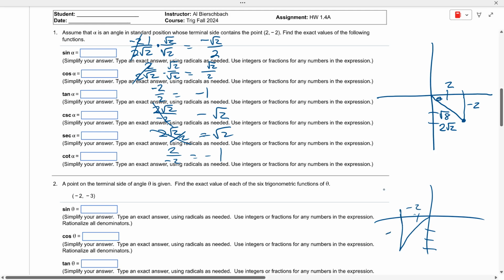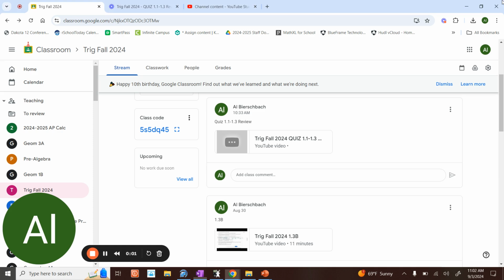So if this is -2, this is -3, 4 plus 9 is 13, the square root of 13 is going to be your hypotenuse. So that's a little ugly, but not the end of the world. Okay? So we will stop the video.